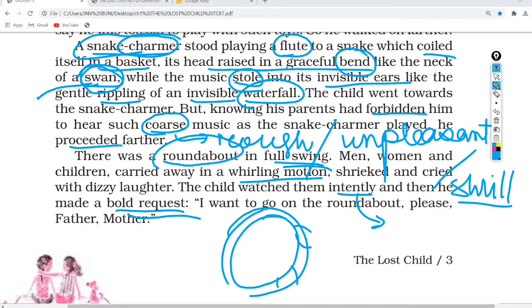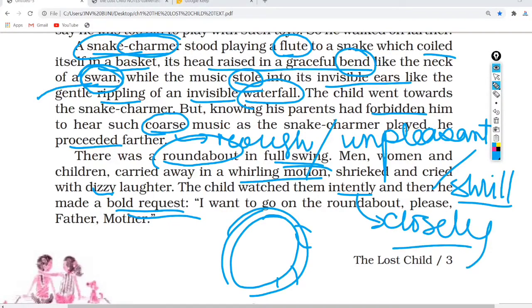When it comes to the peak point, they will be dizzy. They will be almost crazy with their happiness.